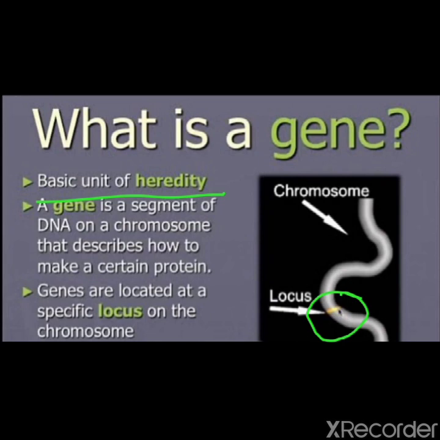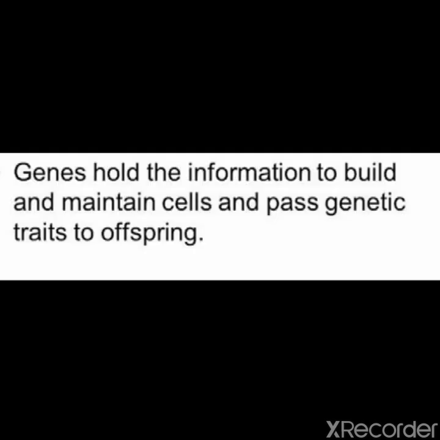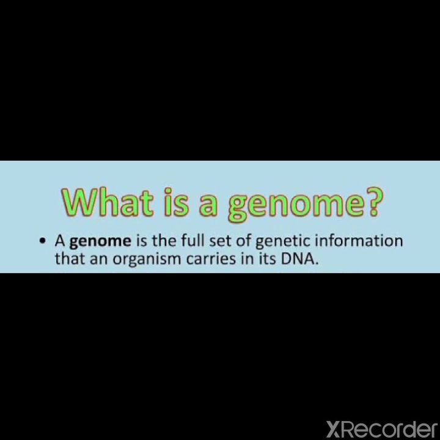There are nearly 30,000 genes in humans. Genes hold the information to build and maintain cells and pass genetic traits to offspring. Whereas a genome is the full set of genetic information.